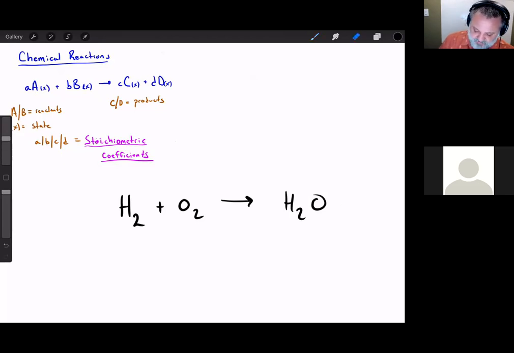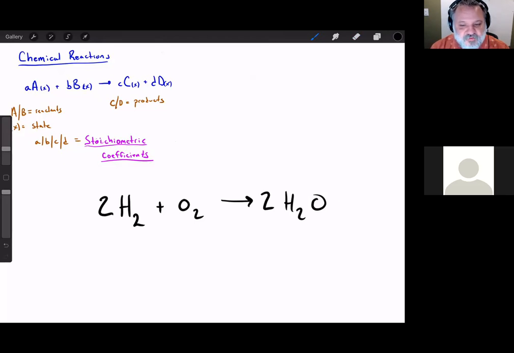So if I want this story to be based in physical reality, I have to balance the atoms out. And so what we would say is 2 hydrogen molecules with 1 oxygen molecule produces 2 water molecules.